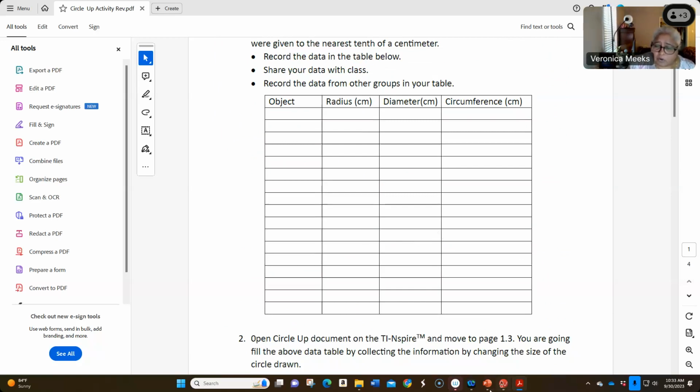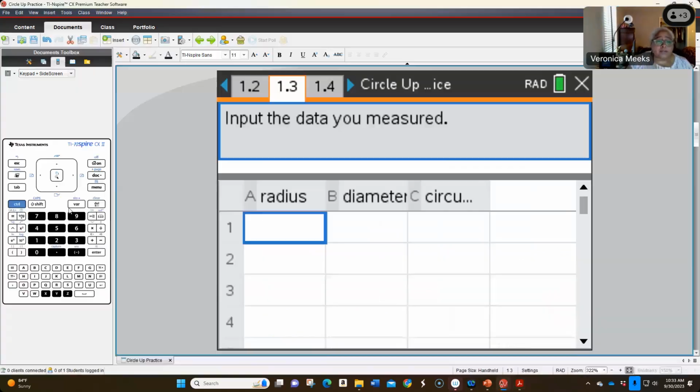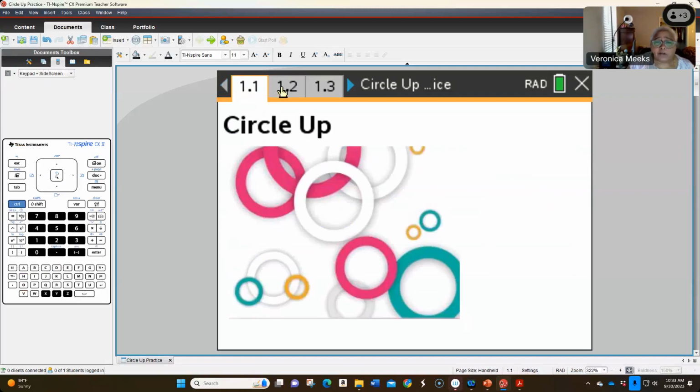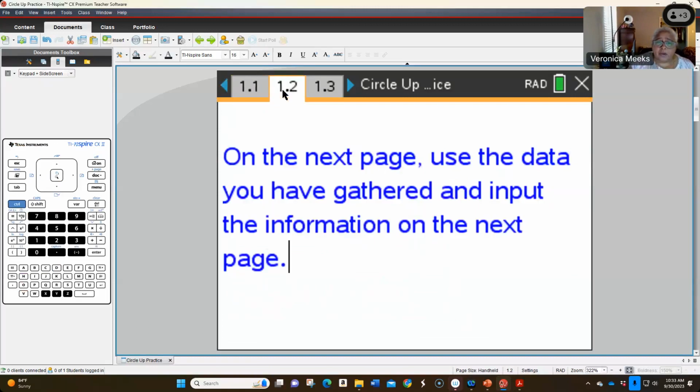And so we're going to go to the TNS file now. So we have Circle Up, and this is also in the download that you'll receive. On the next page, we're going to take the data you gathered and input the information.